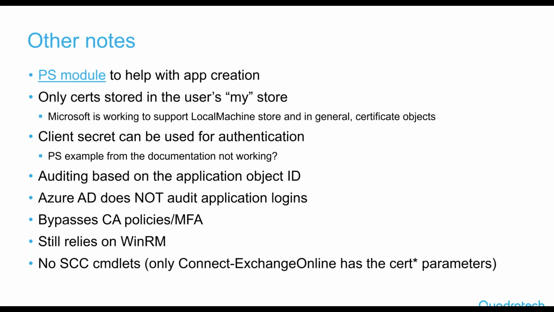The last note I want to mention is that the initial release of the preview version of the module doesn't include support for the Security and Compliance Center cmdlets. But you can get access to the REST cmdlets, for example, and we will discuss some workarounds later on.